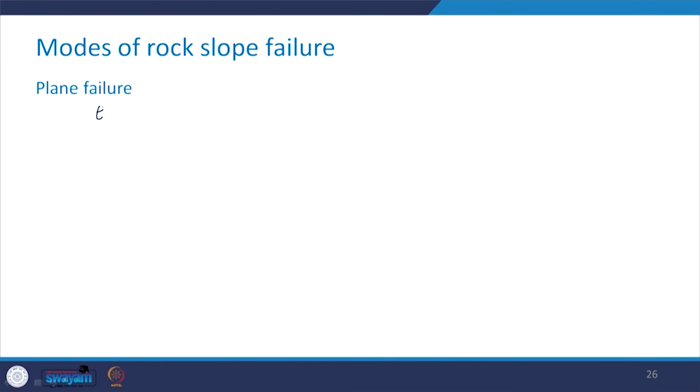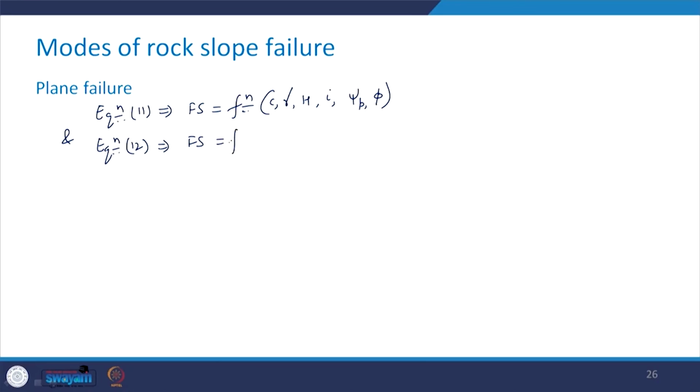So, we can see that in equation 11, the factor of safety is a function of c, gamma, h, psi f, psi p and phi, and in equation number 12, the factor of safety is a function of only c star, psi f, psi p and phi, and all these four quantities are non-dimensional.